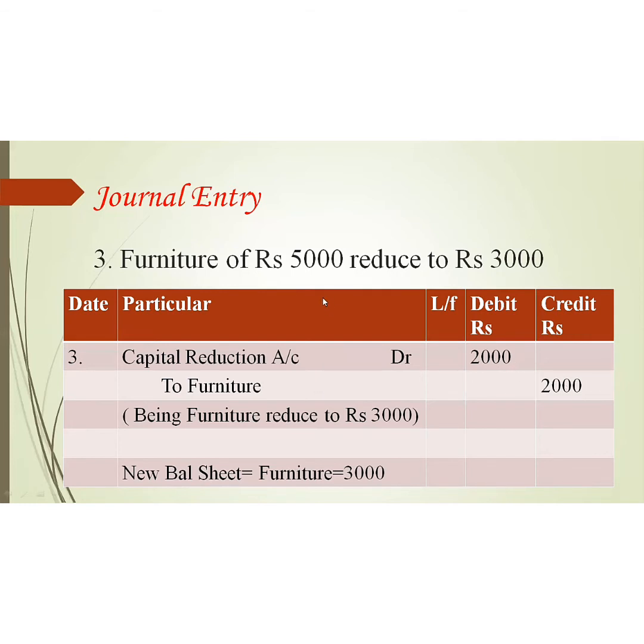Since there is a reduction in the price of furniture, that is a loss to the organization. Therefore, debit all the expenses and losses. So capital reduction account is debited by 2,000. If I reduce 5,000 by 2,000, the answer becomes 3,000. And in the new balance sheet, the furniture value will be 3,000 rupees.